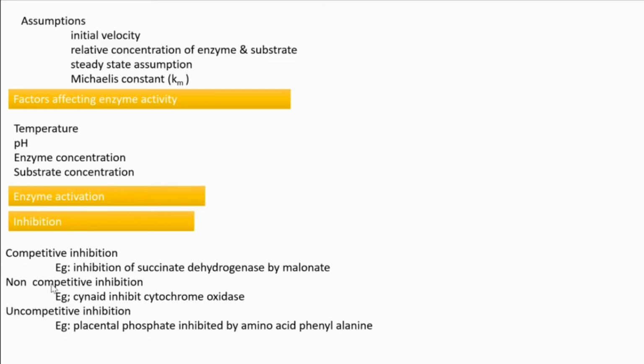It binds the enzyme itself before the formation of the enzyme substrate complex, but the modification affects only the dissociation of the enzyme substrate complex. In uncompetitive, the inhibitor can bind only to the enzyme substrate complex. It cannot bind with the enzyme before it binds with the substrate.